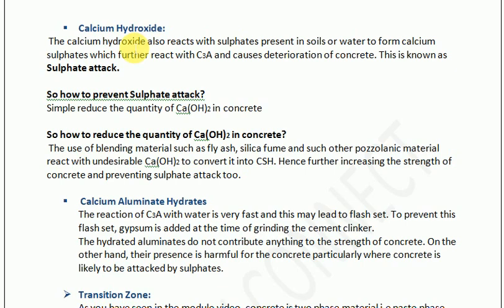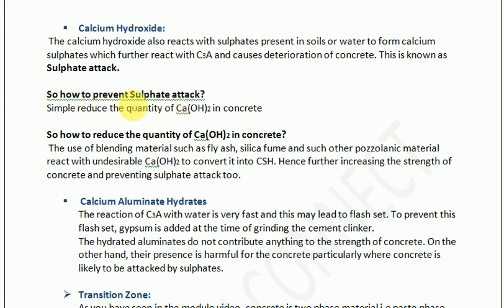This calcium hydroxide reacts with the sulfate in the soil and forms calcium sulfate. When calcium sulfate reacts with the tricalcium aluminate in the cement, the strength of the cement decreases, and this is known as the sulfate attack.